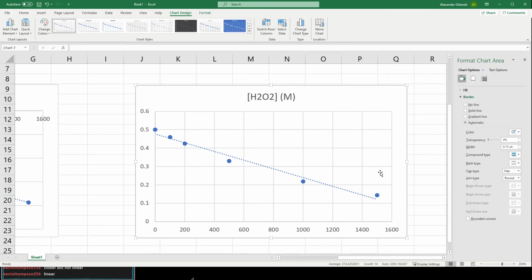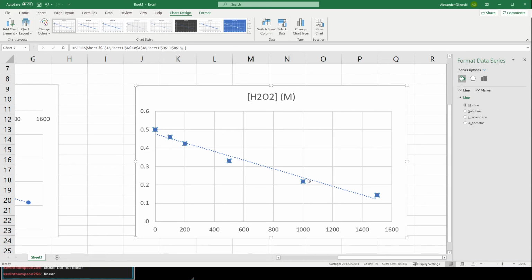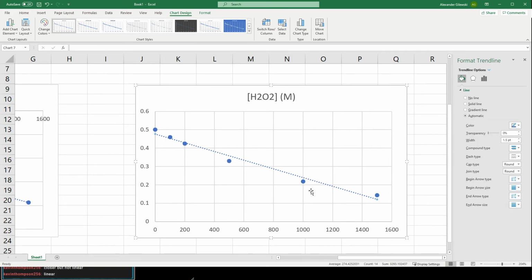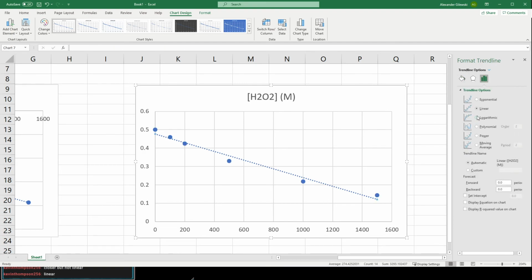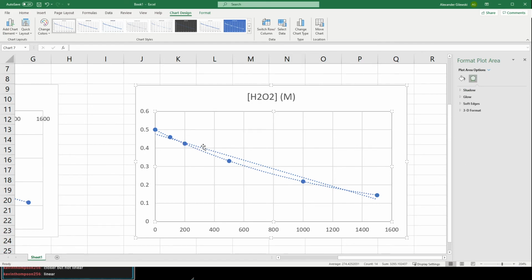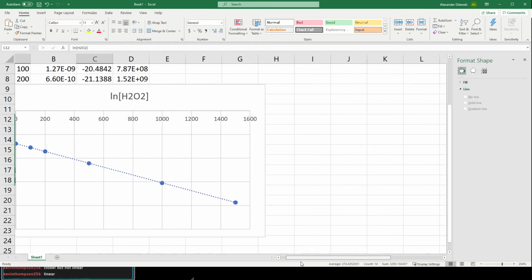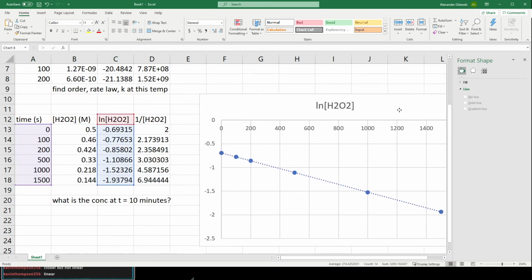We can see there's a slight curve to it, and a different trend line would probably be better for this one. We would probably say maybe this is an exponential trend line instead. And lo and behold, the exponential one fits a little better. So this one definitely looks a little bit more linear.